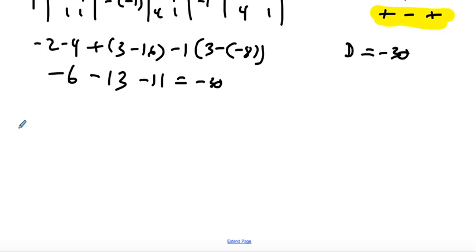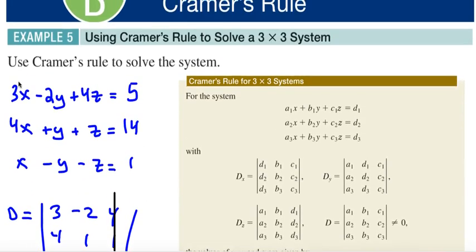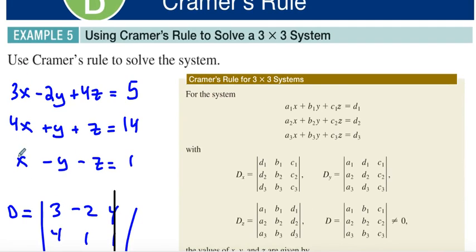Now, the way that we find the determinant of X is we find our X column, these x coefficients, and I replace them with this column. That means I'm going to take 3, 4, and 1, and now it's going to become 5, 14, and 1.